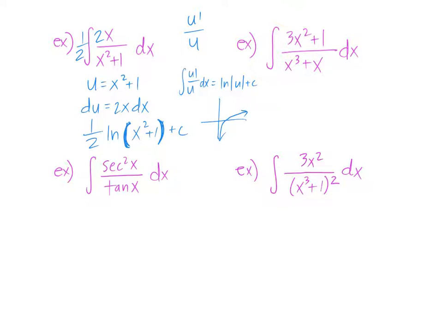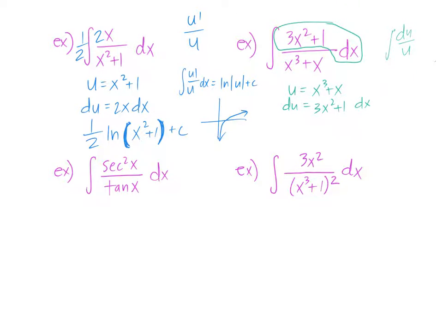Okay, so next example. u is the denominator, x cubed plus x. du is 3x squared plus 1 dx. And I have that perfectly. So a lot of times in practice, I'll just call it du over u, or u prime over u.